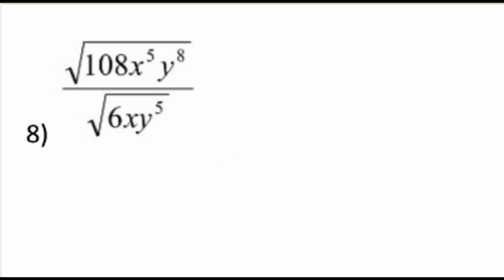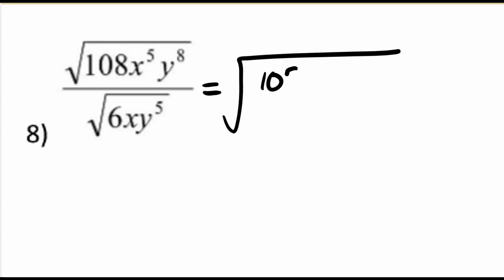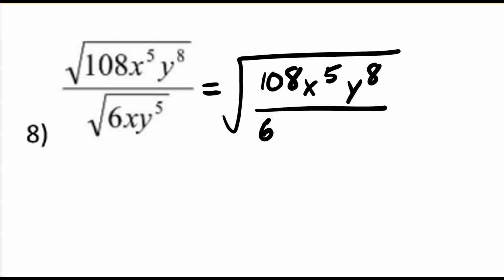Like if I'm dividing 2 of the same radicals, right? This is a square root divided by a square root. I can equivalently interpret that as this. Because then I would be able to maybe simplify the 108 divided by 6, the x to the 5th divided by x, and simplify from there.